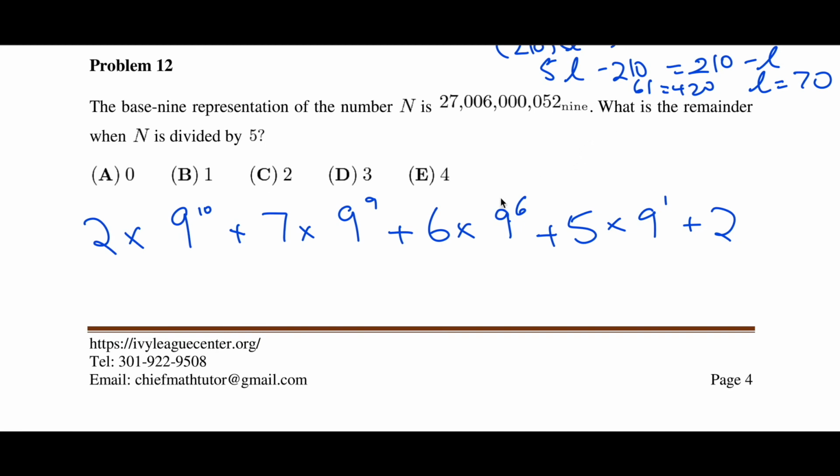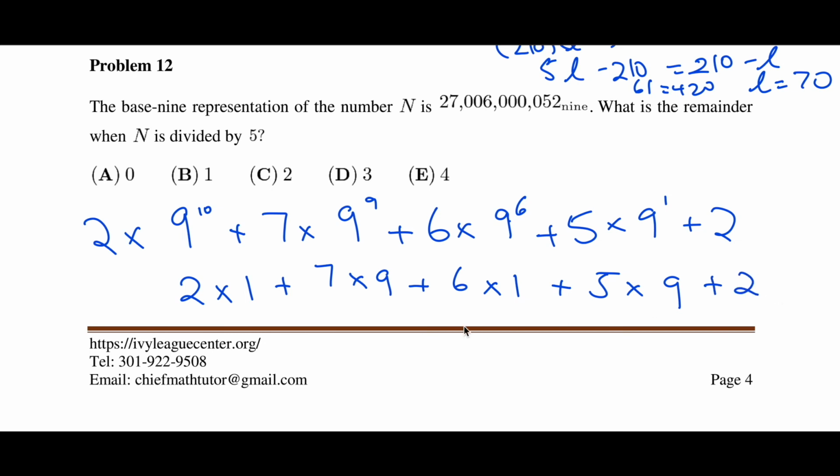So n's units digit is 2 times 1 plus 7 times 9 plus 6 times 1 plus 5 times 9 plus 2. So that is basically 8 mod 10, which is 3 mod 5. So our answer is D.